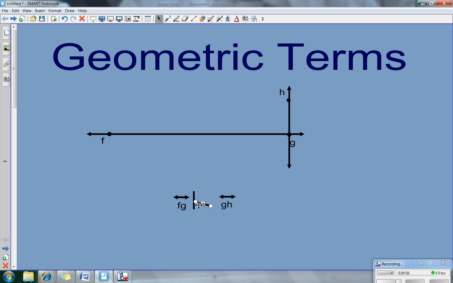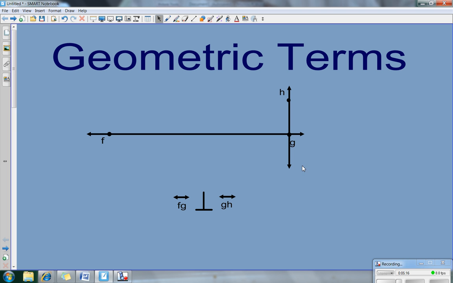My symbol for perpendicular is an upside down T. So here we could say that line FG is perpendicular to line GH.